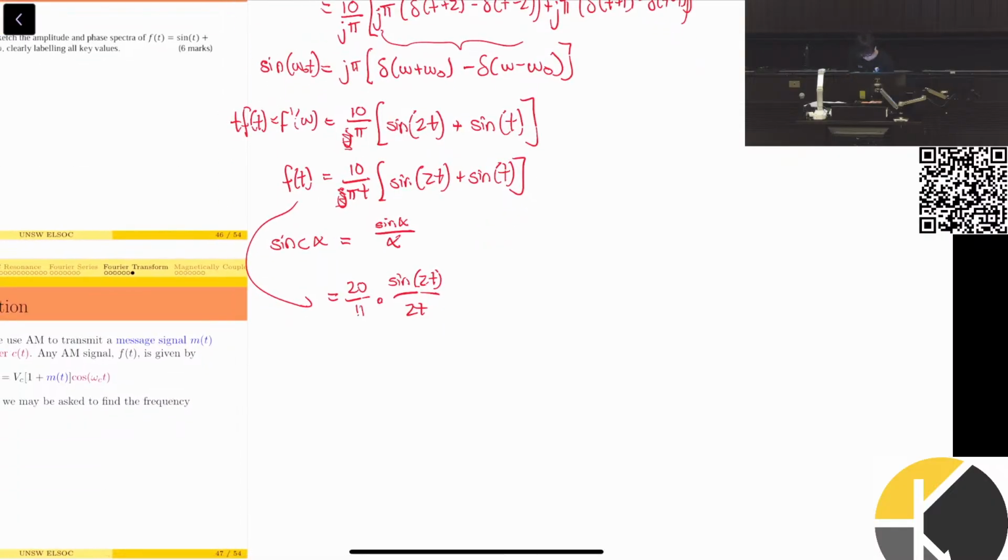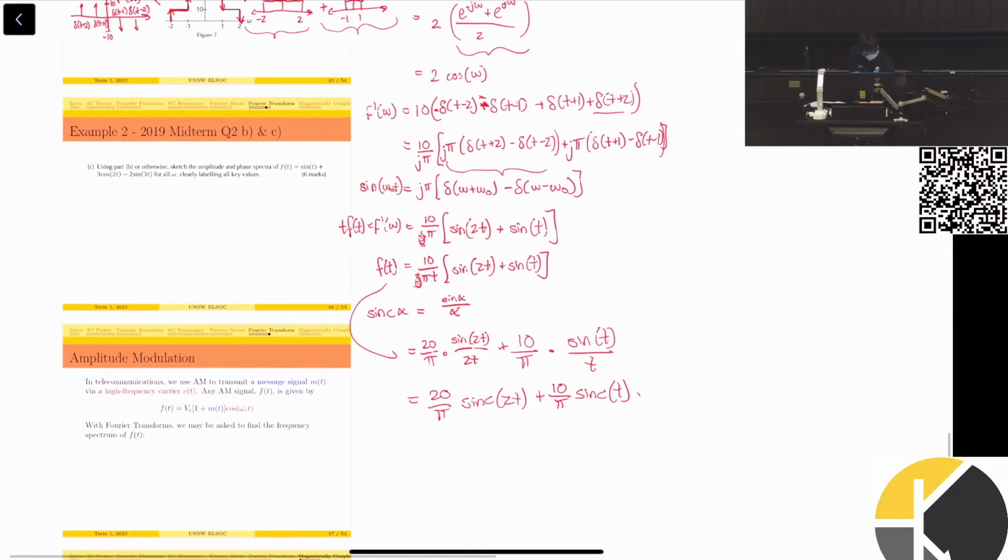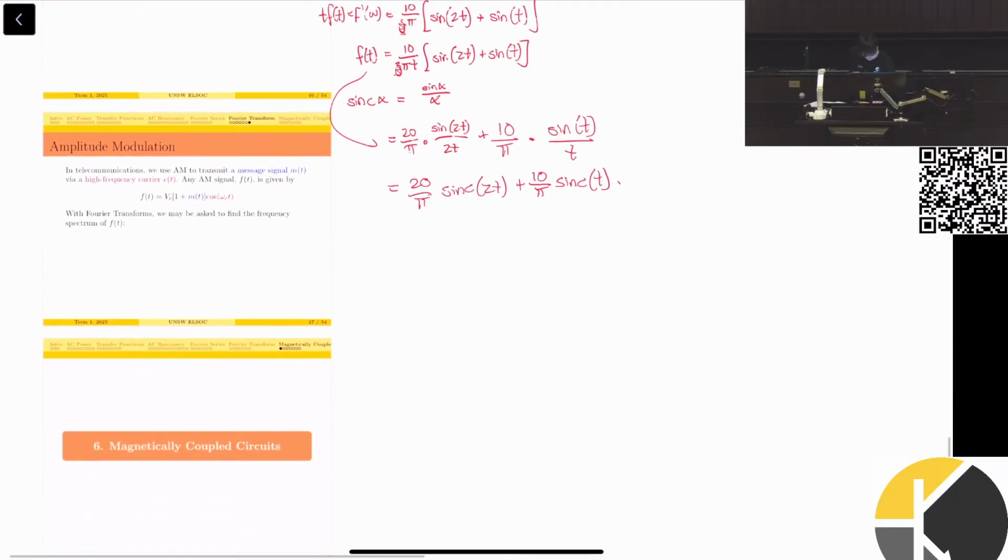So yeah, sorry, this is meant to be 20 over pi, and this is meant to be 10 over pi, sine of t on t, and this is giving me 20 over pi sinc of 2t plus 10 over pi sinc of t. Great. So yeah, mistake somewhere. I'll come back to it if it pops to my head.